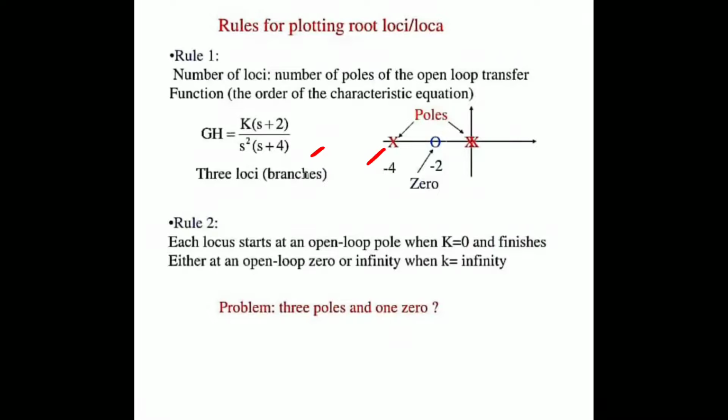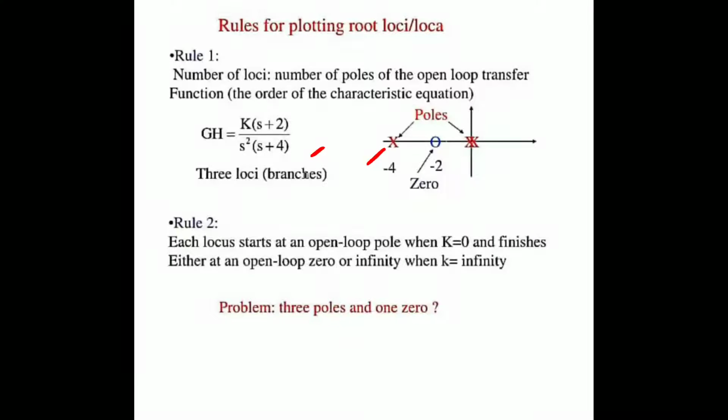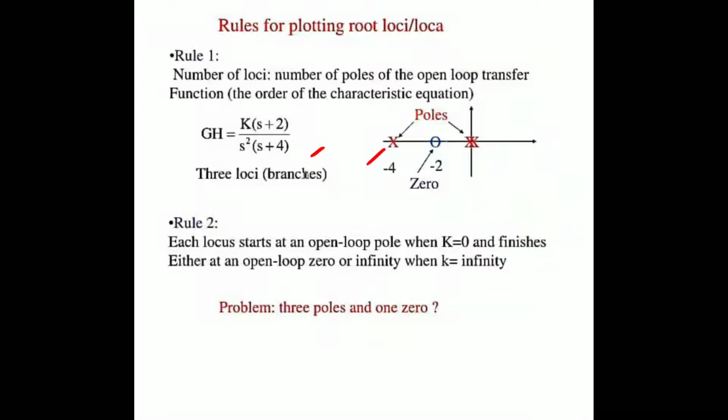Here the zero is at minus 2 and minus 4 is a pole, so in this case the root locus will also end at infinity. So root locus branches start at the open loop poles and end at open loop zeros or infinity.